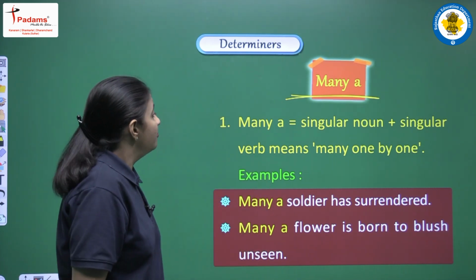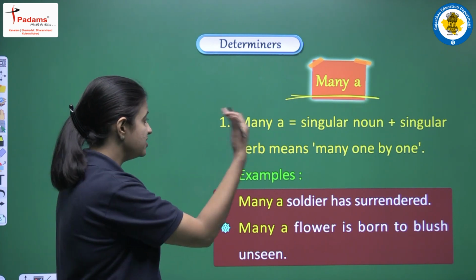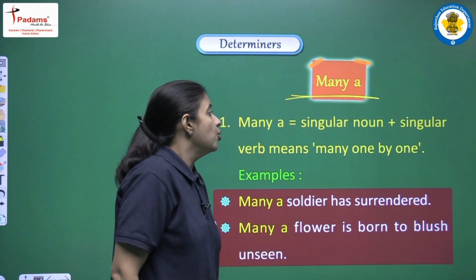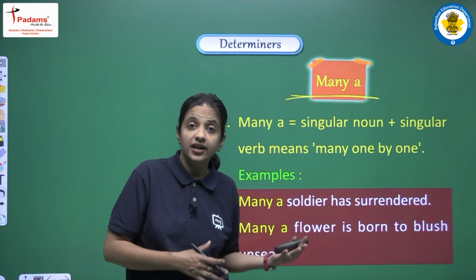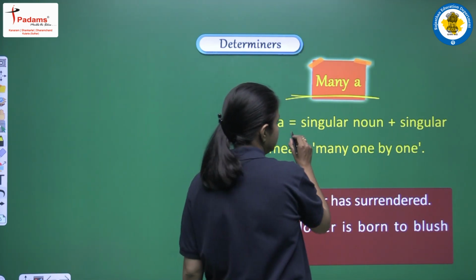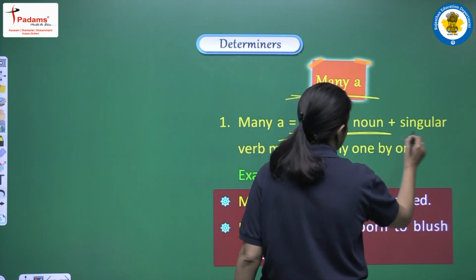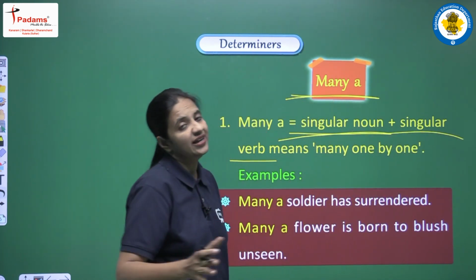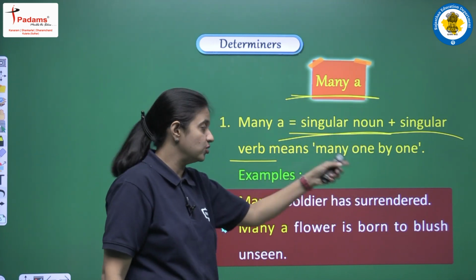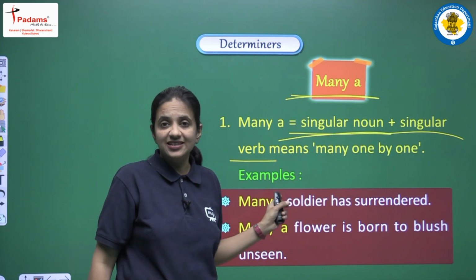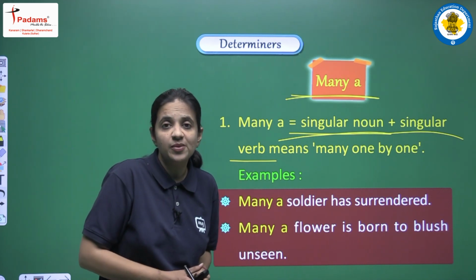Many a is singular noun plus singular verb, and it means many, but one by one. If we are using many a, after that we have to write a singular noun and a singular verb also. Let's see an example to understand the use of many a.